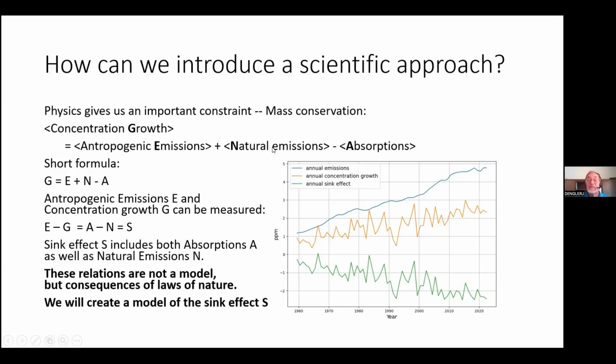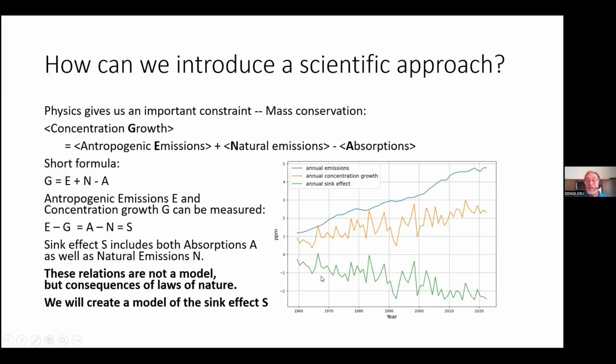And if we subtract both of them, this difference goes somewhere, because only the concentration growth remains in the atmosphere, and the whole difference must go into the oceans or the plants. And we draw this with the green line.